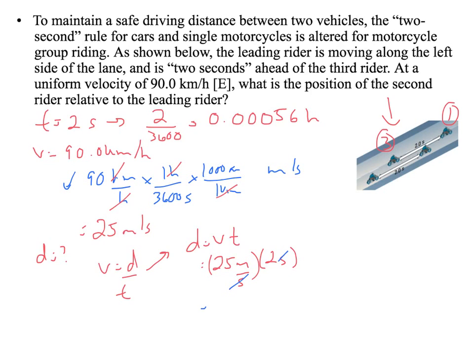Seconds cross off, and we are left with 50 meters. Now, what is the position relative to the first? Well, since the riders are going east, we would say that the second rider is 50 meters west of the first rider. So the third rider is 50 meters west of the first rider.